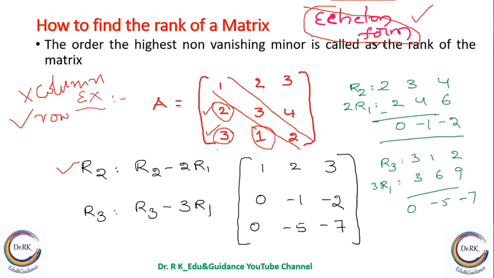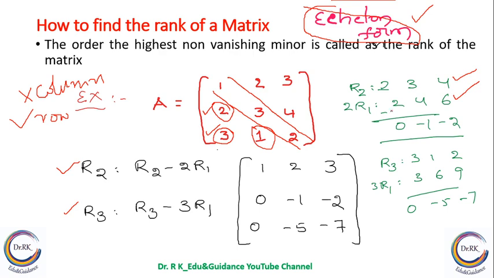Similarly, we want to make this 0, so with R3 minus 3R1. Here it is clearly given: R2 is 2, 3, 4, and R1 is 1, 2, 3 multiplied by 2.